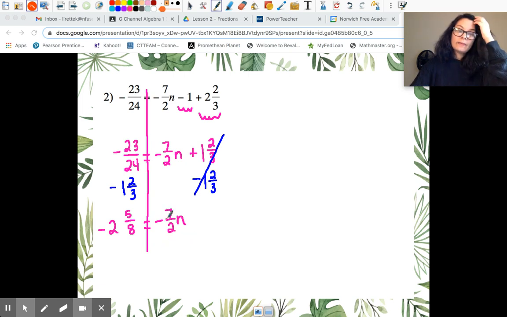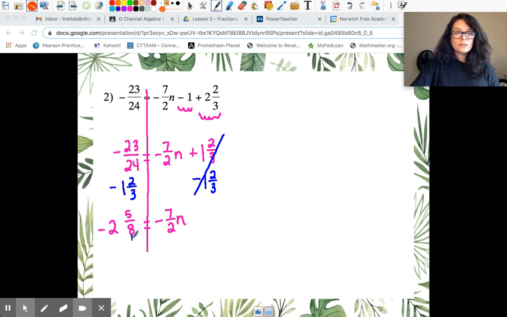So once we're at this step here, again, I could make this an improper if I want to, especially for those that don't have calculators that can work with mixed numbers easily. Let's go ahead and do that here. I can work with the mixed number in my calculator, but just as practice, let's actually make this improper before we keep going.